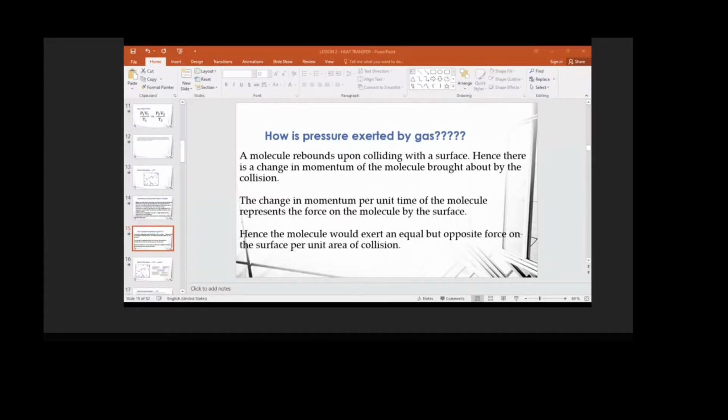Yes. So Maxine, how or why is there pressure exerted by gases? Where did this pressure come from? Who wants to go?